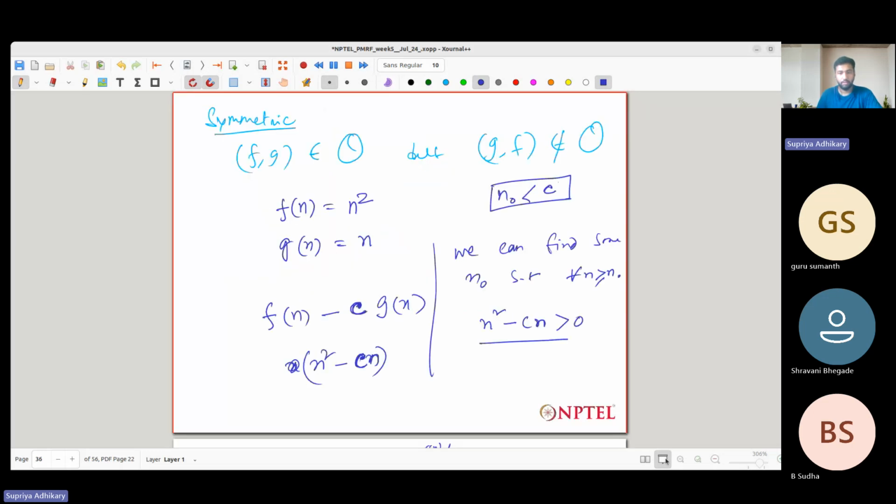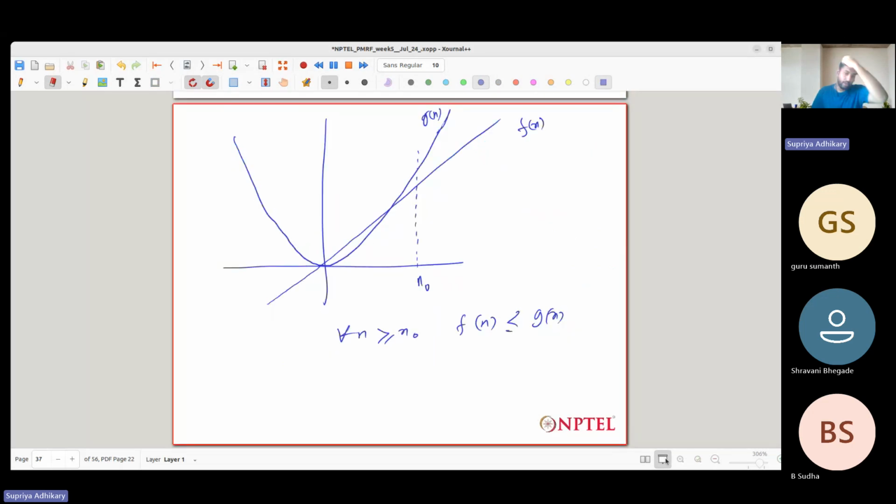Forget about this c. So there exists some n0 for which you can write this, and that is also good. Therefore, we can say that this f and g are definitely in this relation form.